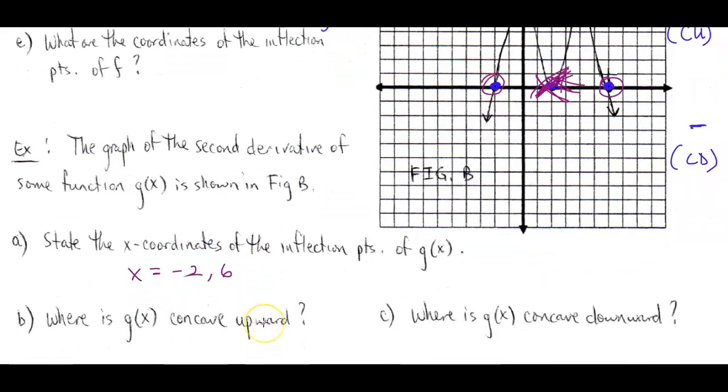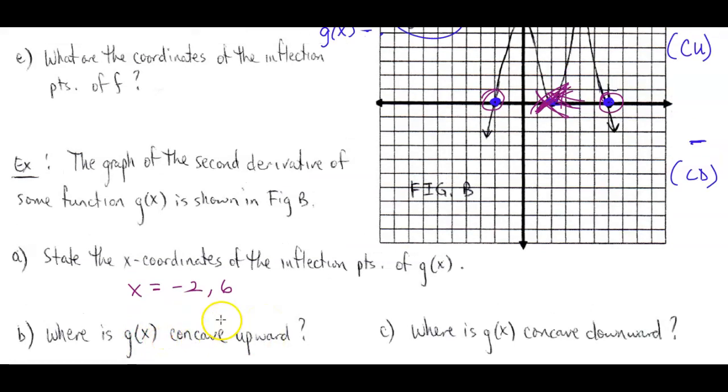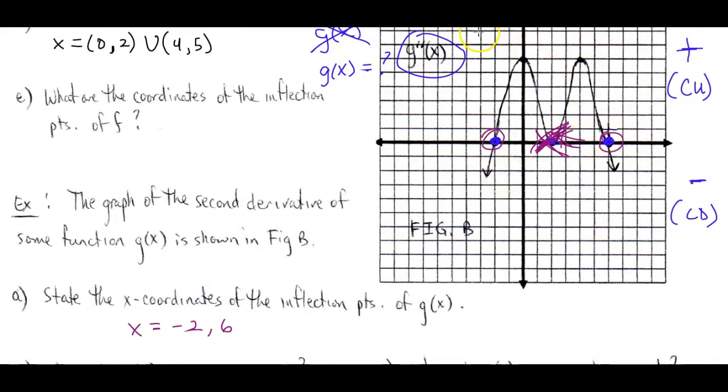Now, we also want to know where is our graph concave up and where is it concave down, okay? Concave up, we know anytime our second derivative is strictly above the x-axis here, okay? So let me erase this. Now notice that our graph is strictly above the x-axis for values of x that start at x equals -2.